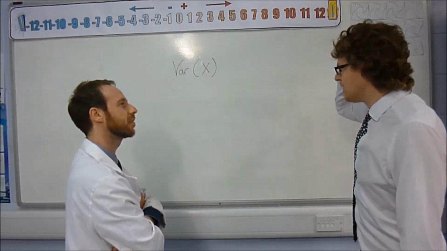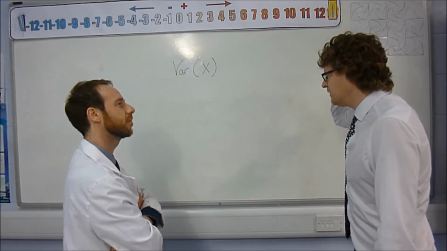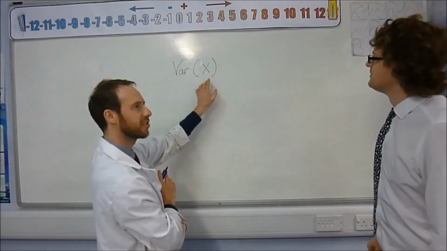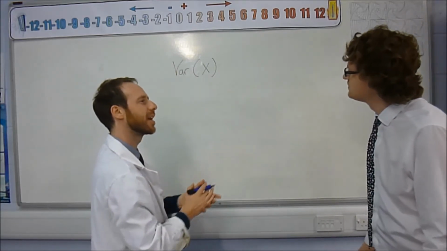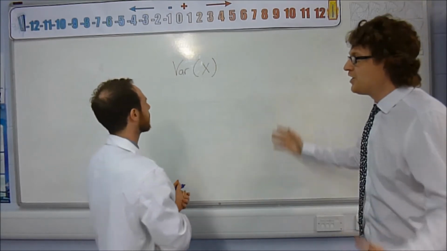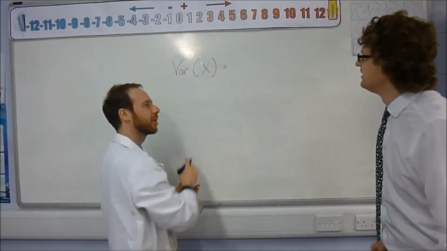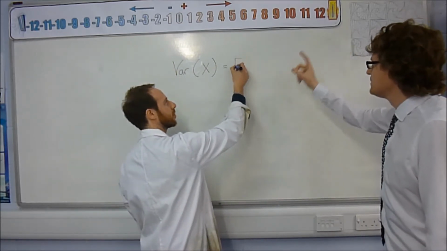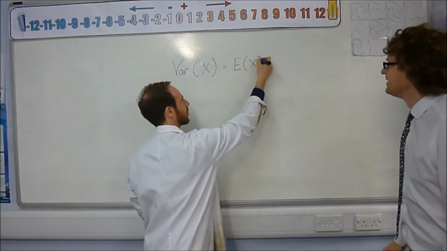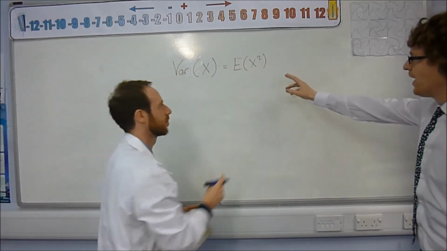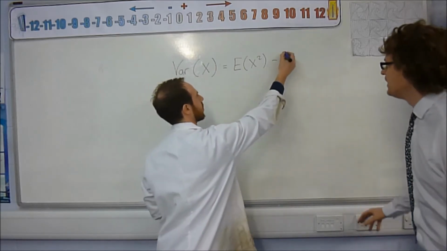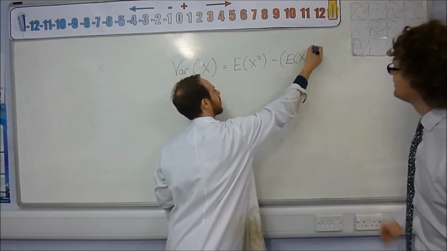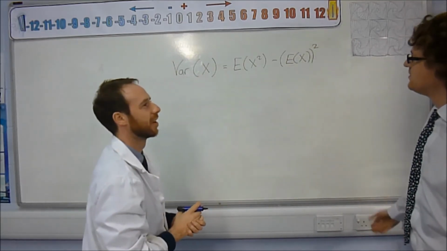Well, earlier on in stats, it was the mean of the squares minus the square of the mean. Exactly. Well, if we're looking at a discrete random variable, what are we thinking about instead of the mean? Expectation. So, what do you think our formula for the variance is going to be? Oh, mean of the squares. Expectation of the squares. Excellent, DRV. Take away the square of the mean. Oh, mean square. Very good. Simples.